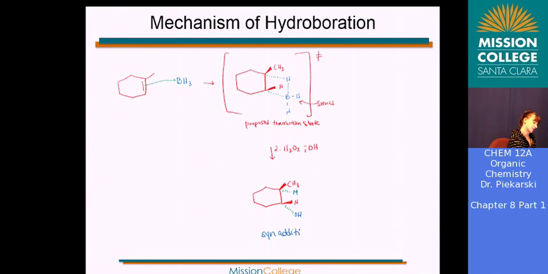So a stereospecific reaction. All right. So that gives us non-Markovnikov regiochemistry. So the OH goes on the less substituted side, and syn addition.